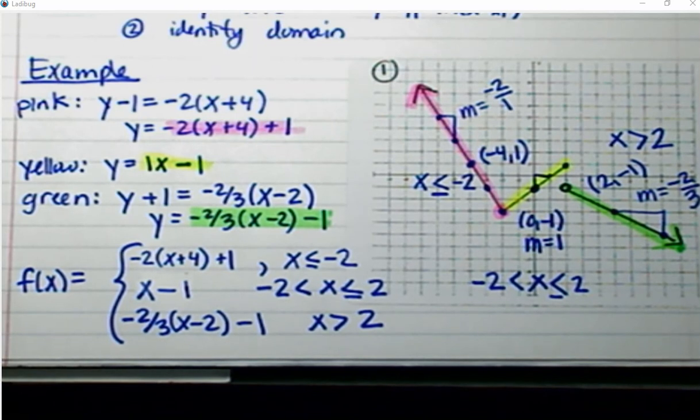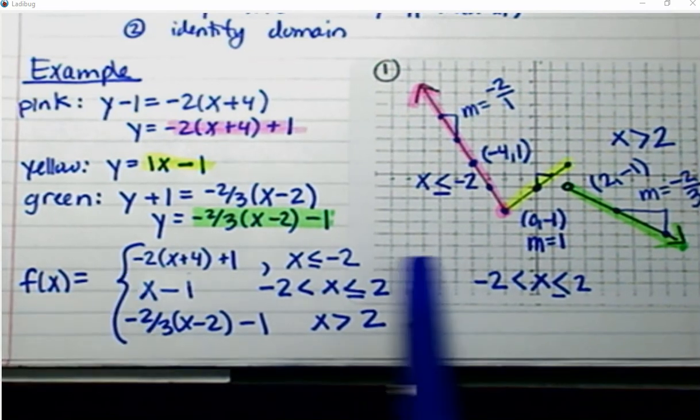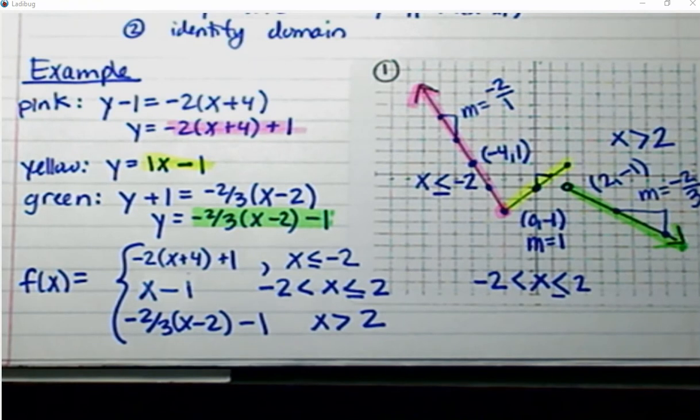Okay, let's go with the person closest to the window in your little groups here. Person closest to the window, explain to the person next to you how we got the pink portion. Do you want to scooch over here with Stevie and Sierra?